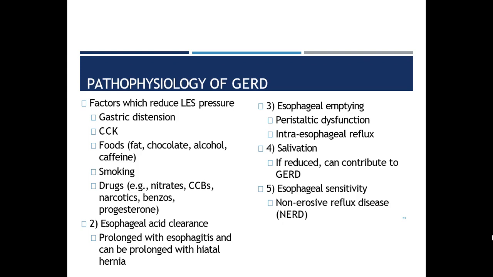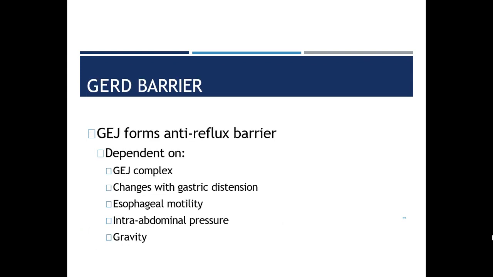Esophageal acid clearance is prolonged with esophagitis and can be prolonged with hiatal hernia. Esophageal emptying, peristaltic dysfunction, intraesophageal reflux, salivation if reduced can contribute to GERD, and esophageal sensitivity, that is non-erosive reflux disease.